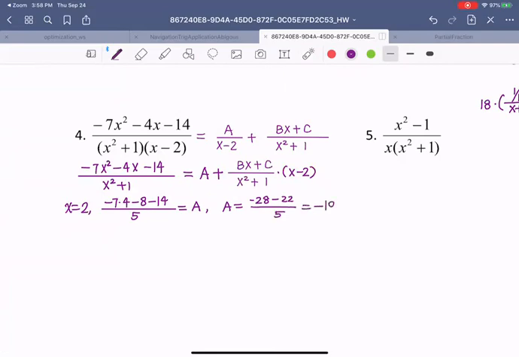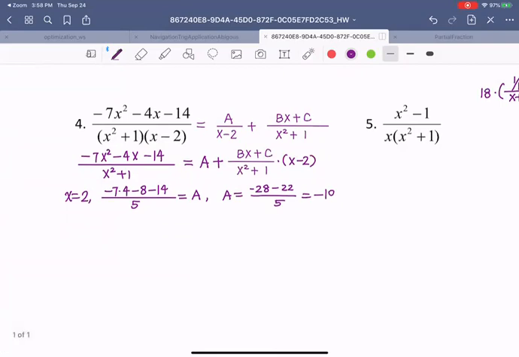-10, right? Yes. Now this guy equals -10. And then we do -7x squared minus 4x minus 14 equals -10 times x squared plus 1.